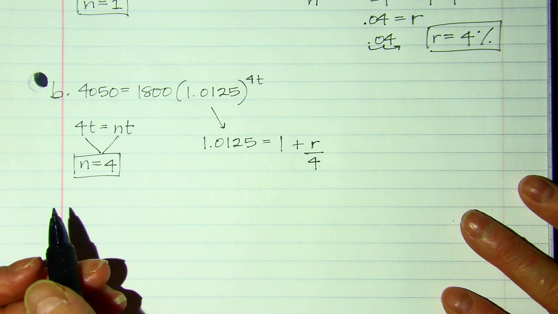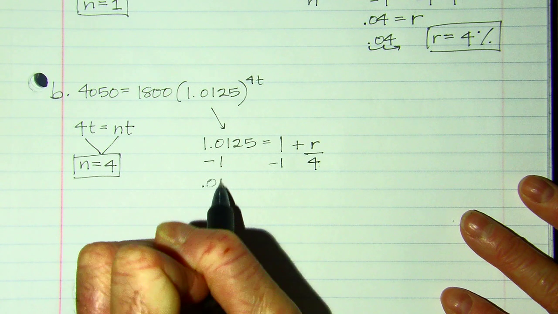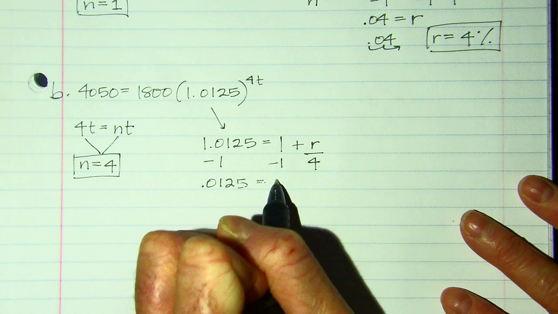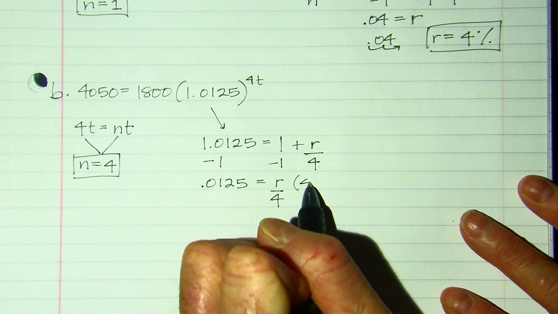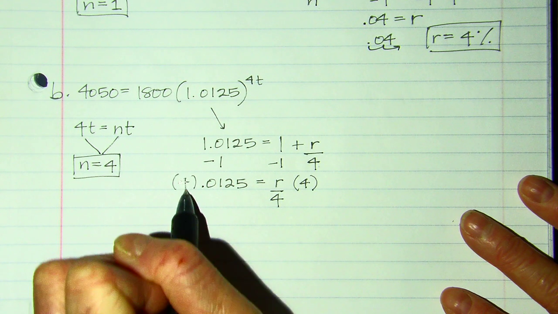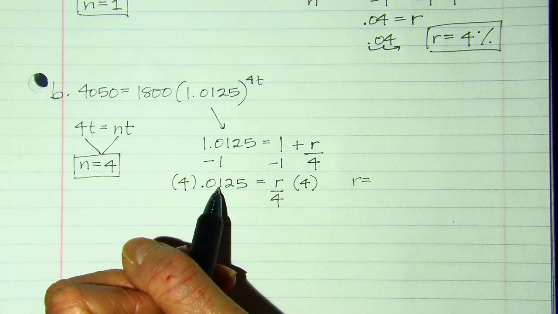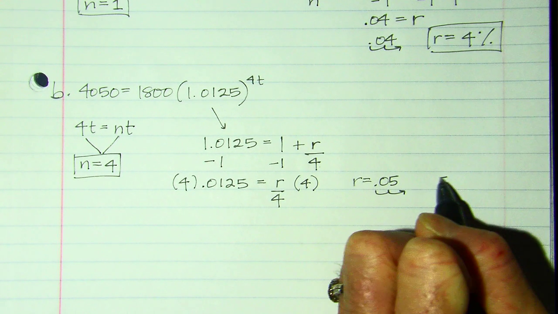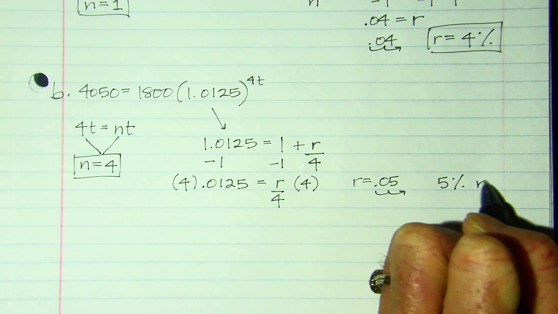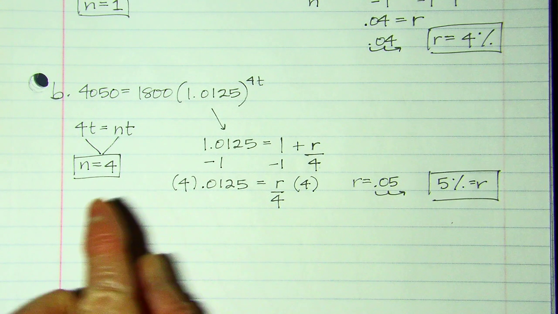Okay, so to solve, I'm going to subtract 1. I get 0.0125 equals r divided by 4. Now to solve for r, what was the opposite of dividing by 4? To multiply by 4. So r equals, take your calculator, what's 4 times 0.0125? I got 0.05. So as a percent, it would equal 5%. So my interest rate is 5% and n equals 4.